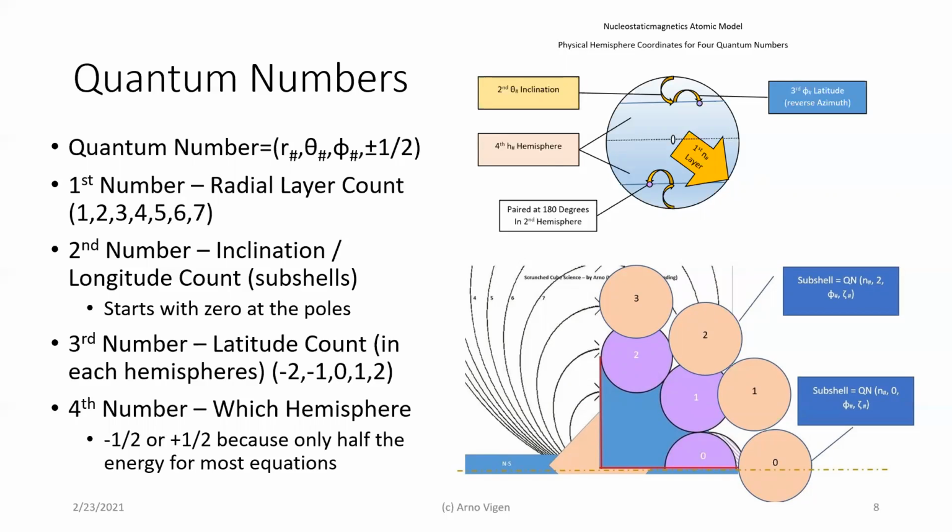The third number is latitudes. And how do we count latitudes? Well, integer counts around that spacing. You'll have a meridian, and that will be chosen as your 0, okay? And then you'll have latitudes at plus or minus 1, plus or minus 2 on either side until you fill out that shell.